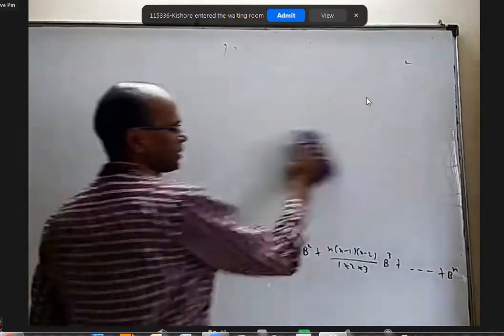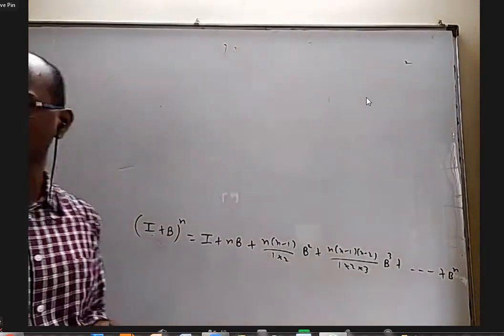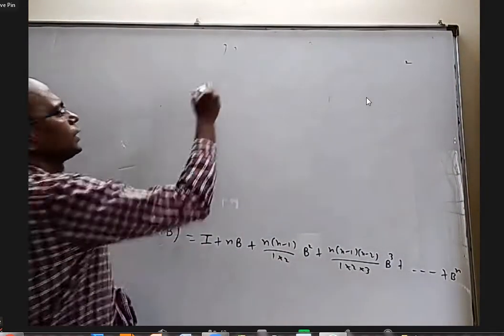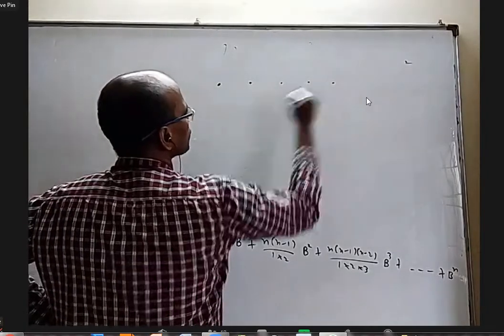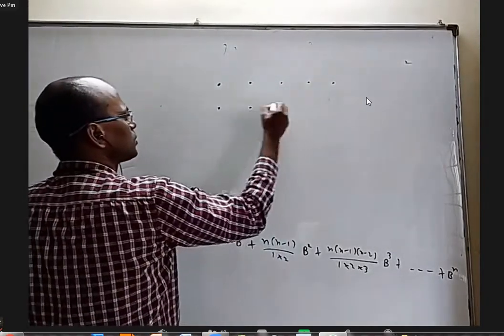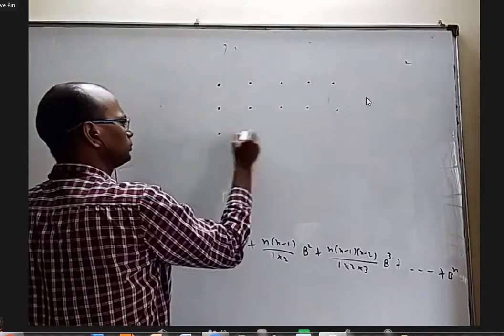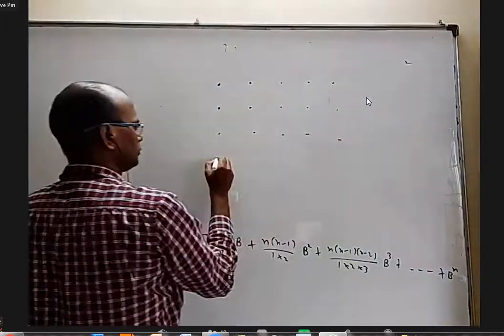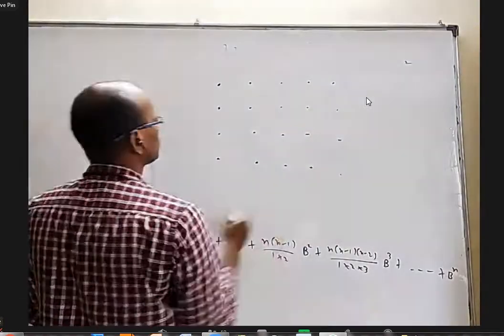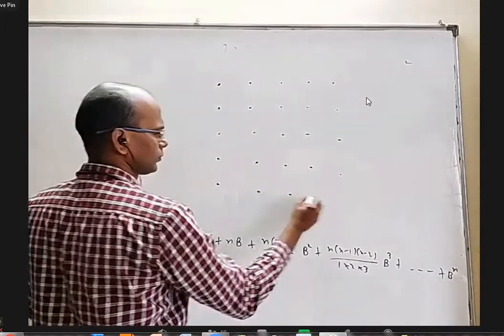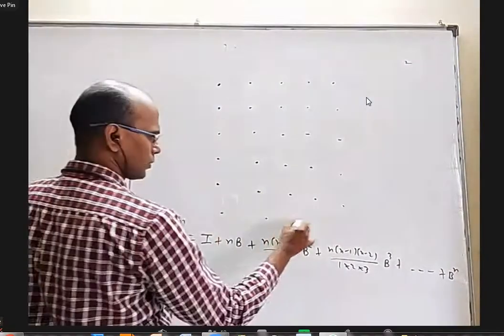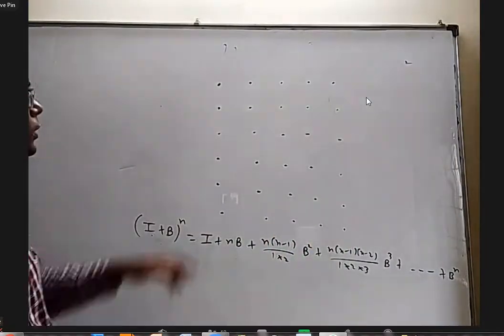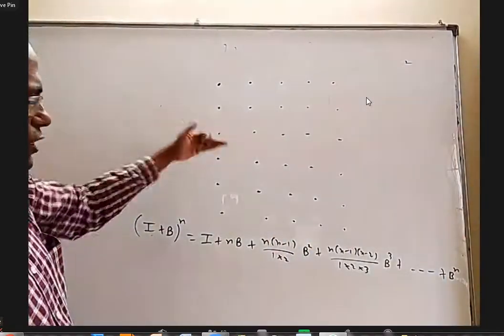Even for the simple one, I'm sure this at least you might have heard, but at least I'll give you some idea. Let me put some dots here. 1, 2, 3, 4, 5. This is 1, 2, 3, 4, 5. I kept 5 dots here, and let me put one more row, like that, 6 rows.